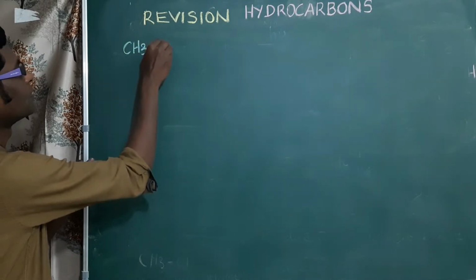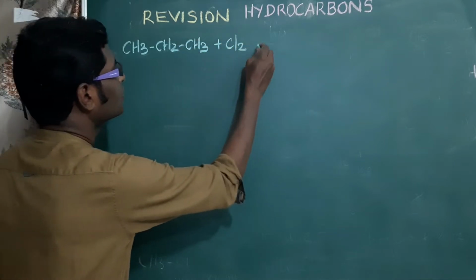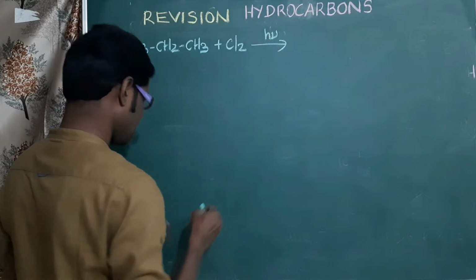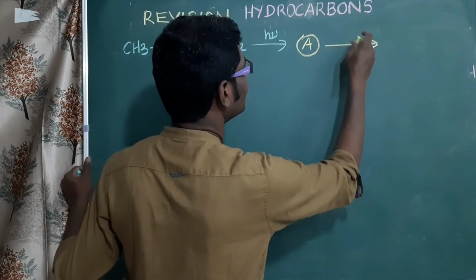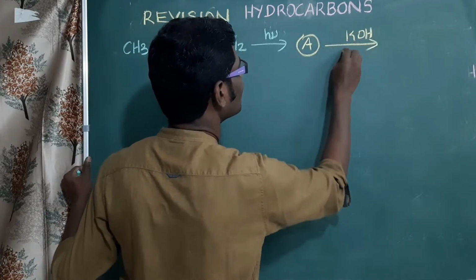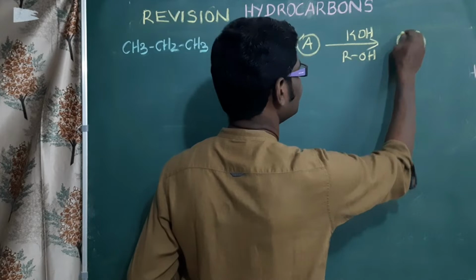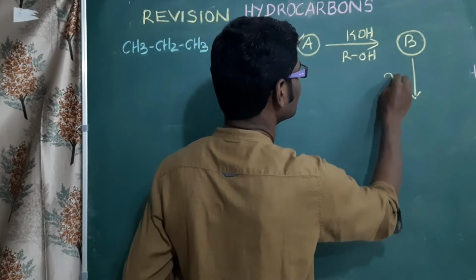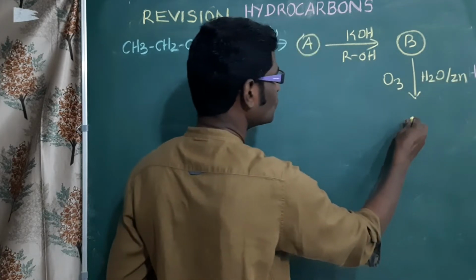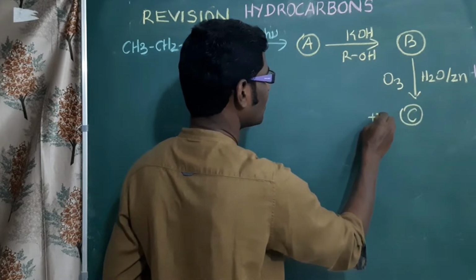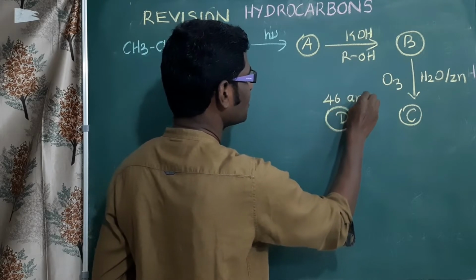When propane is treated with chlorine in presence of light, we will get compound A. When compound A is treated with alcoholic KOH, we will get compound B. Compound B treated with ozone, mixture of water and zinc, we will get two compounds, C and D. Compound D has molecular mass 46 atomic mass unit.